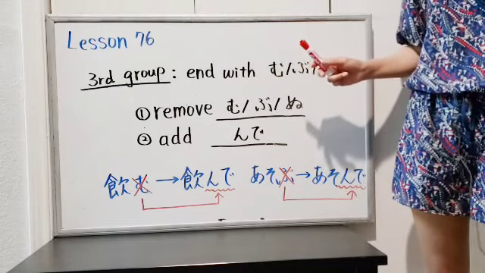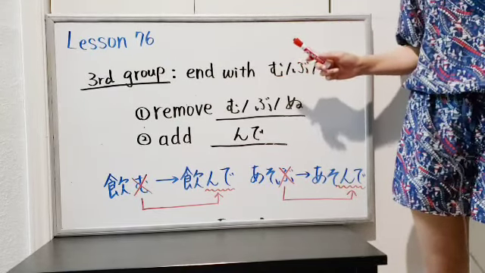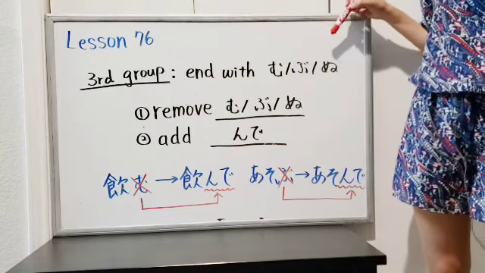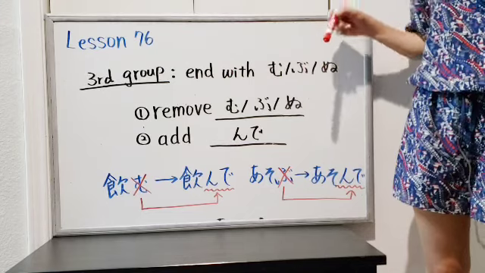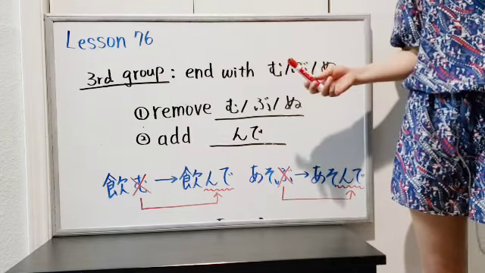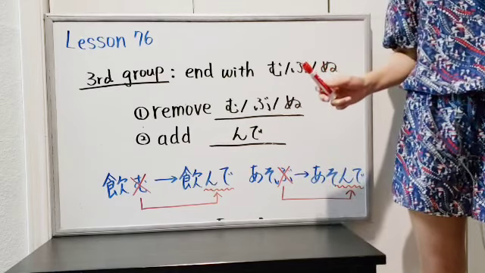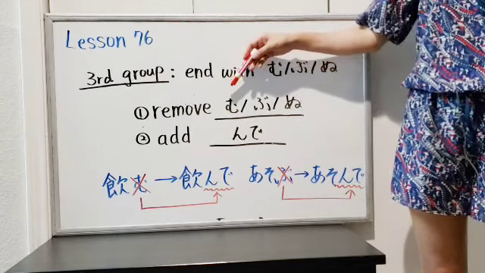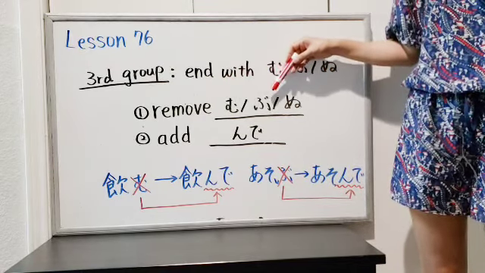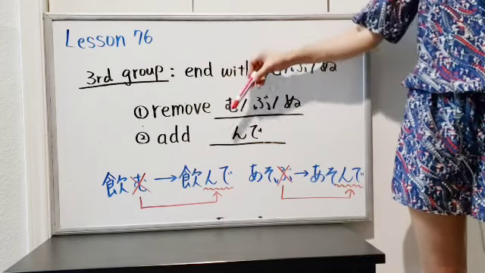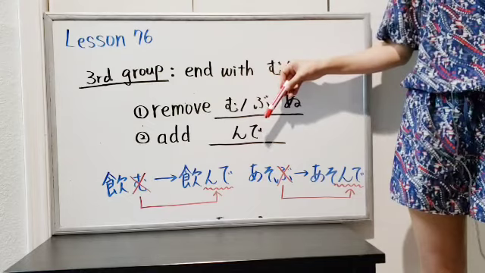The third group, u-verbs end with mu, bu, or nu. In order to make the te form using these u-verbs, what you need to do is to remove mu, bu, or nu and add de.